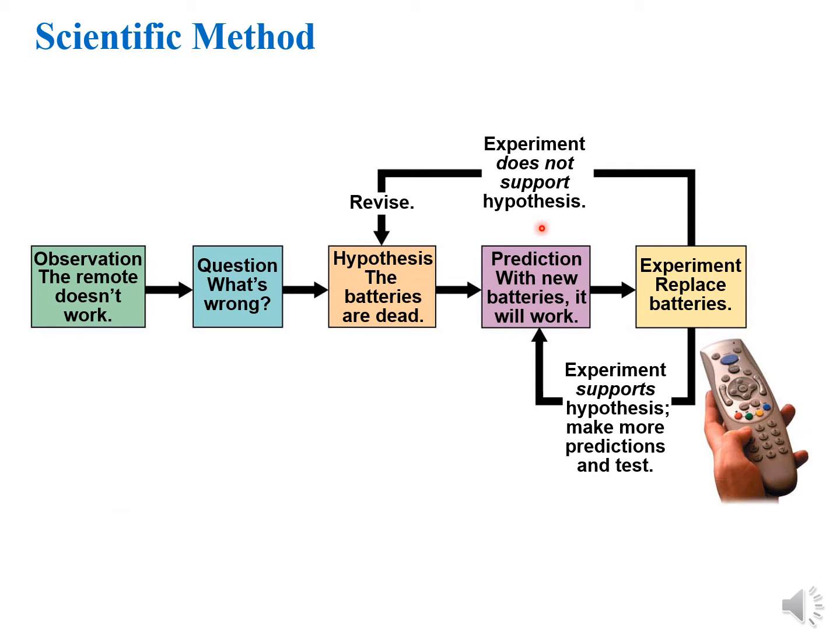You would predict the results, and then to test your hypothesis, you will need to design an experiment. You will start collecting your data. Based on the data that you collect, you are going to figure out whether the data is supporting your hypothesis or whether it's refuting your hypothesis.